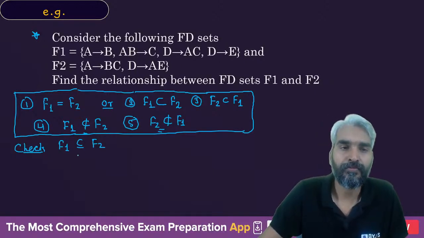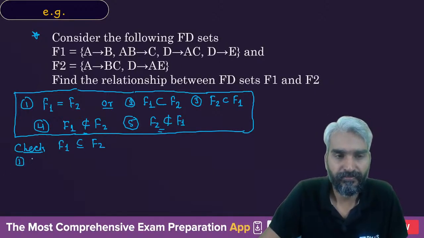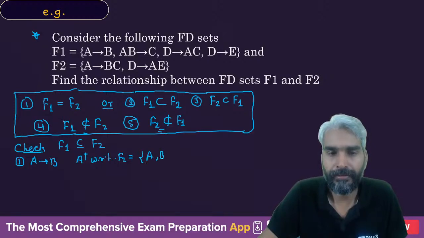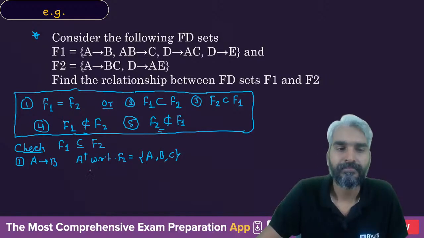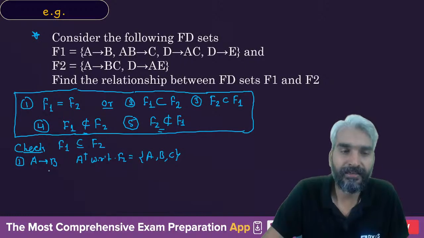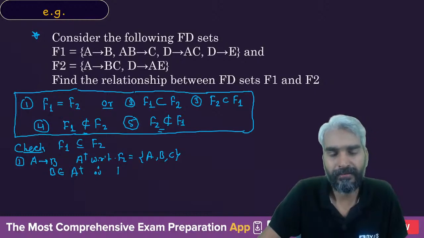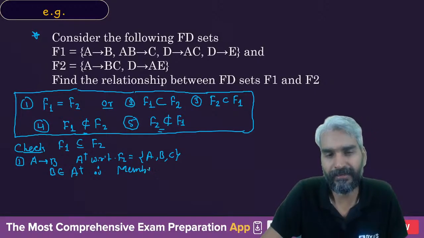So first one is A implies B. Right? So what is A closure with respect to F2? A closure with respect to F2 is A, B, C. Now you can actually see B is a member of A closure, therefore member. See, I should not write this again and again.